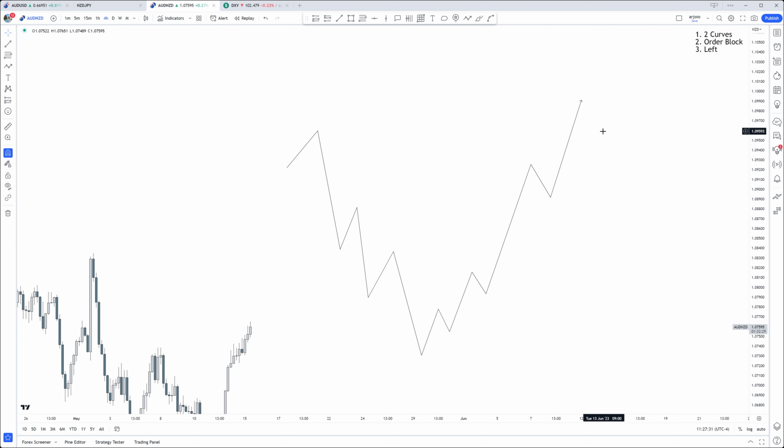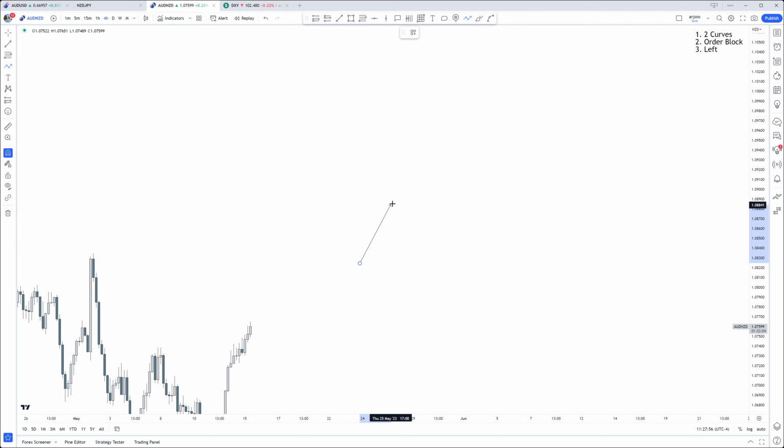So take notes if you don't know fully what a market maker model is. And again, we'll touch on everything in this A to Z guide. So this is two curves. We have a sell curve and a buy curve. Now this is a market maker buy model, and then the opposite would be a buy curve and then another sell curve. This is a market maker sell model.